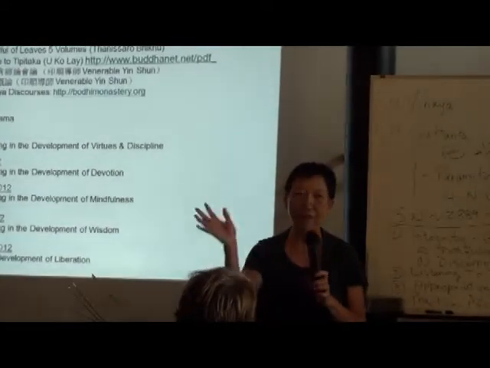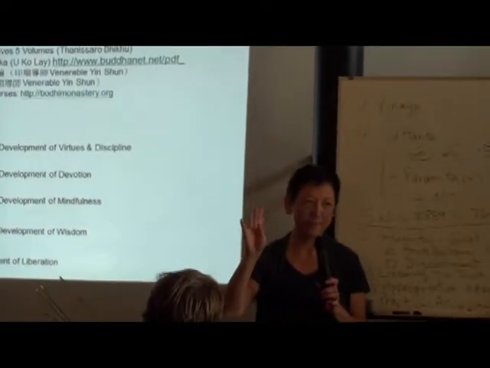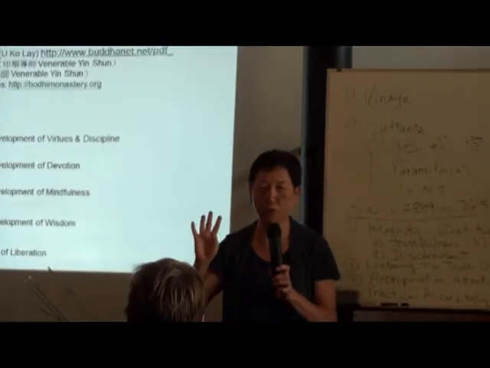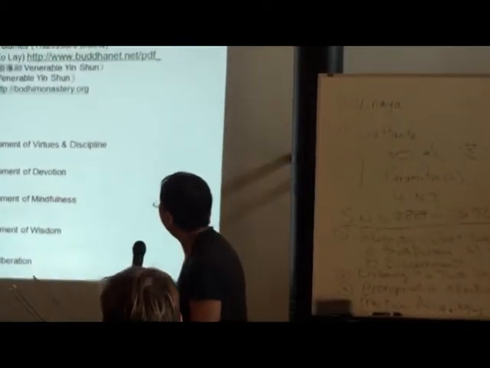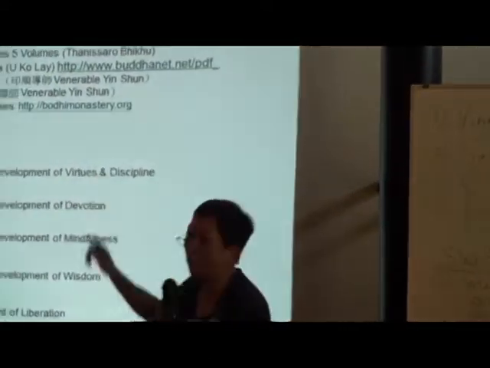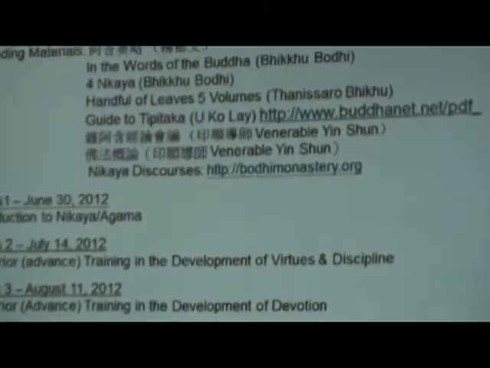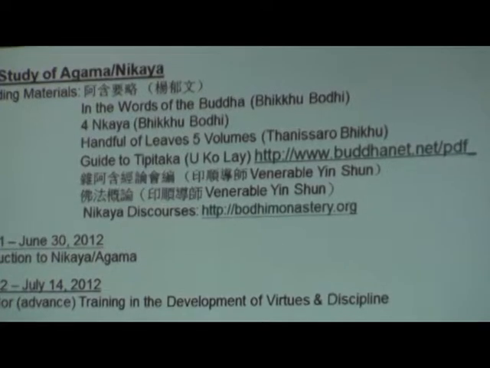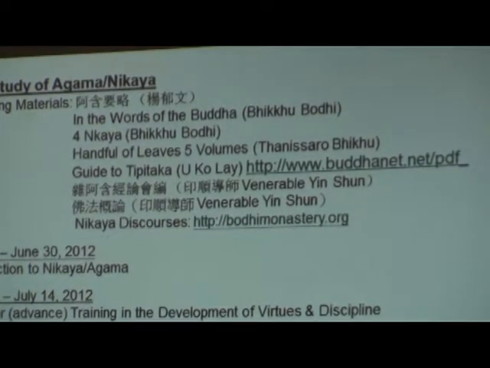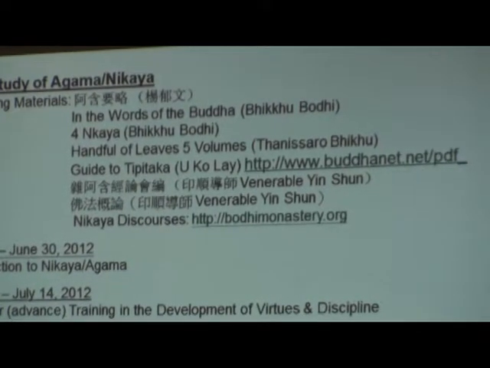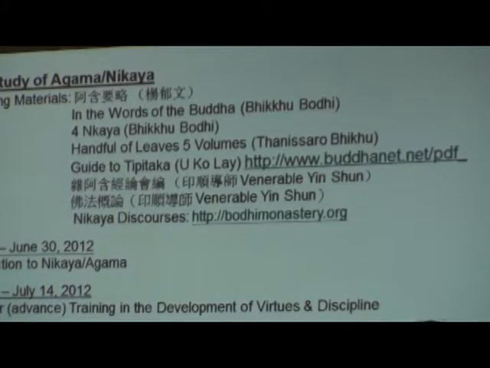They are the 4 Nikayas, 4 of the discourses. I put up 4 because I don't have one of them. It's coming out from Wisdom Publications. It's called the Anguttara Nikaya, but we'll get to that. So those are my resources.